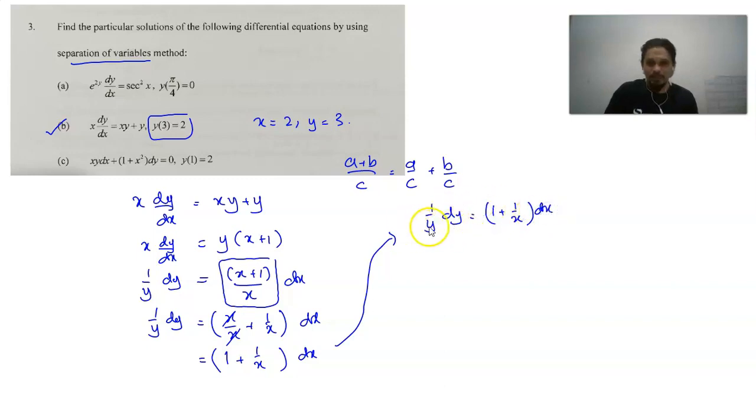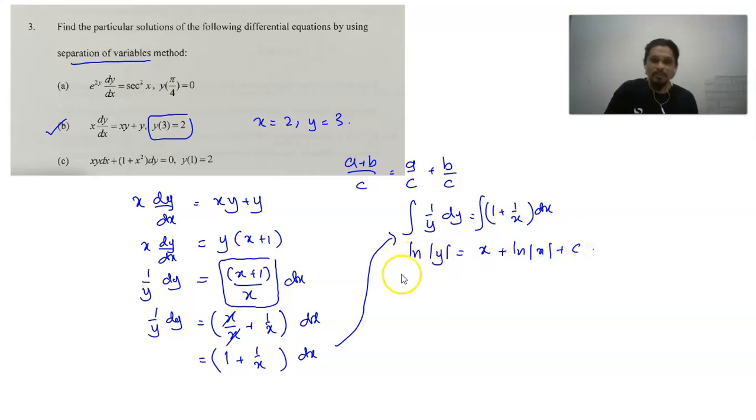Do you find any x left here? No. Y? No. So we integrate left and right and come up with natural log of y equals the integral of 1 with respect to x plus the integral of 1 over x, natural log of x, plus c.